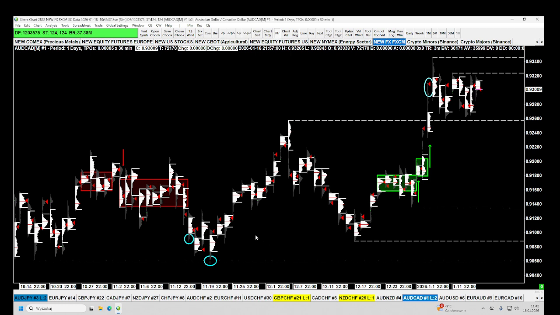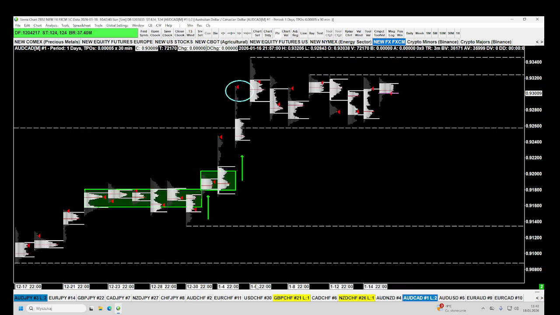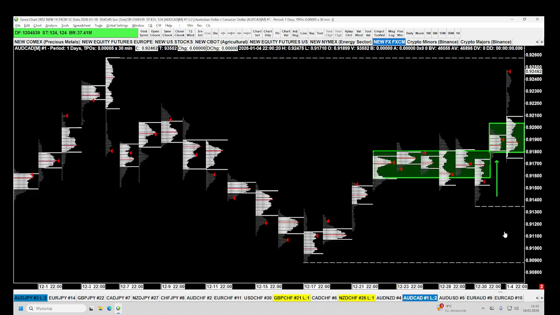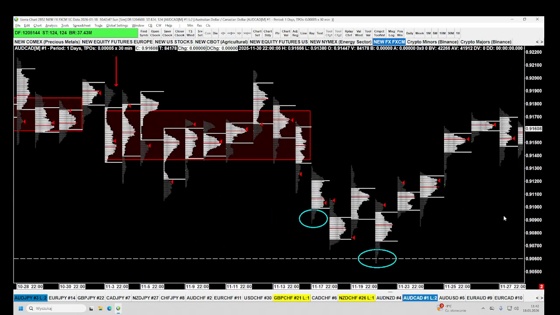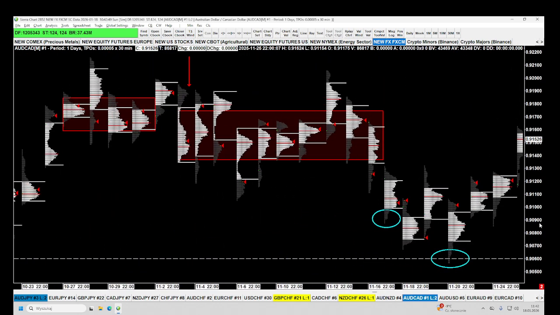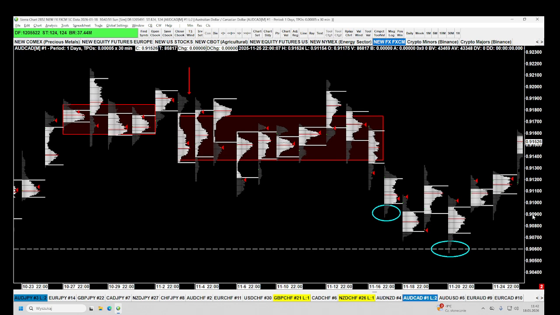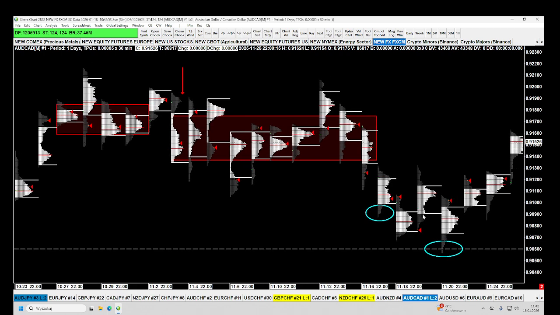So I will discuss in a second. The very first one, I will just scroll to the left. The very first from the left was the trade that I actually took, and it ended with a loss.